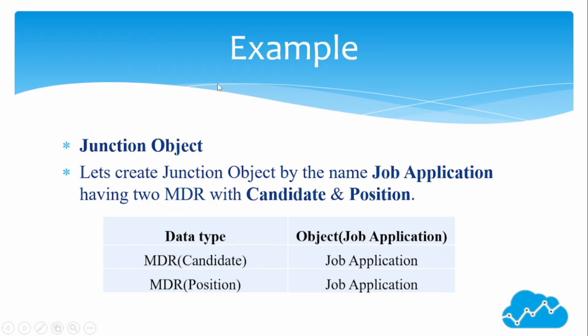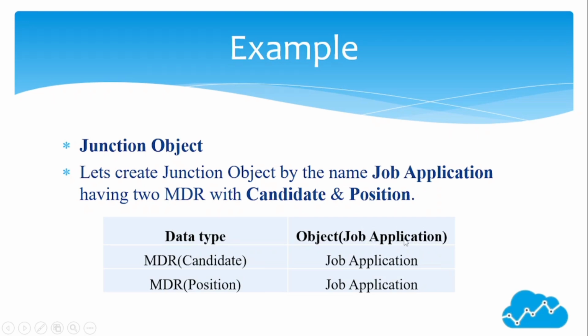So let's see an example for creating the junction object. Let's create junction object by the name job application having two master detail relationships with candidate and position. So job application is the object, and for this object first master detail relationship would be candidate, and second master detail relationship would be position.